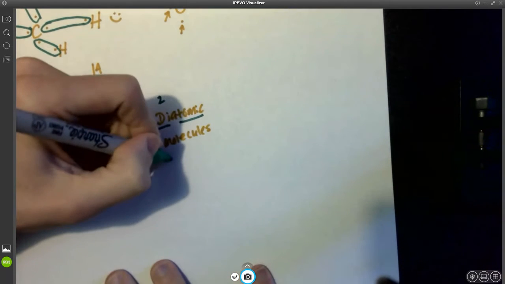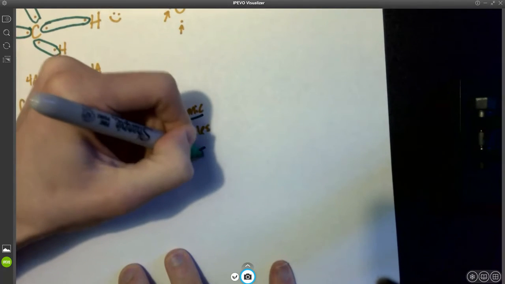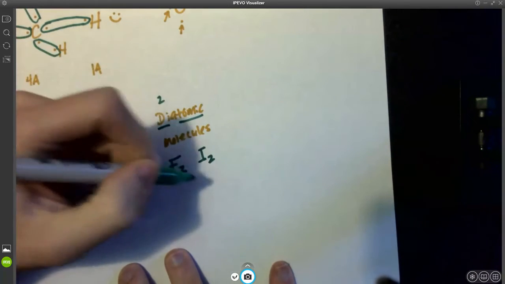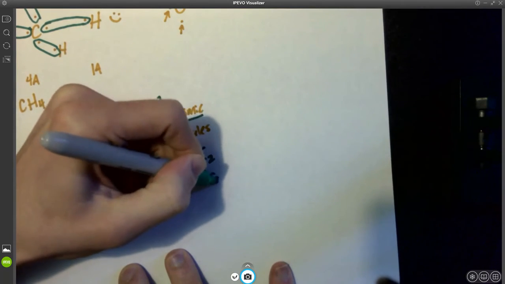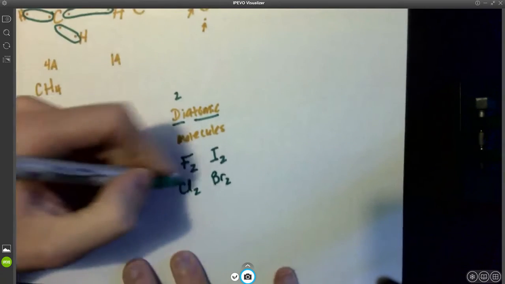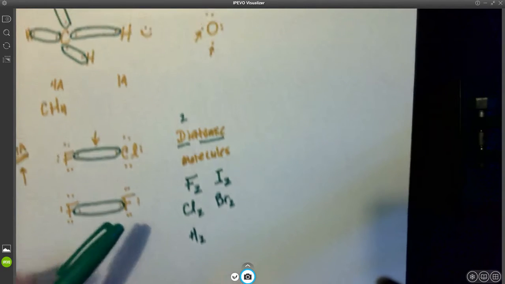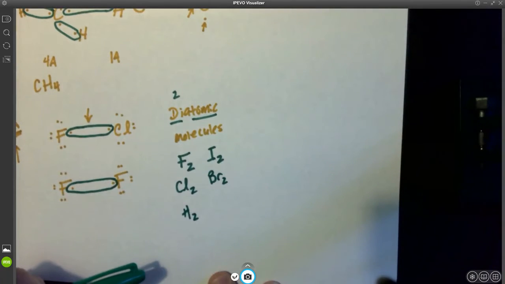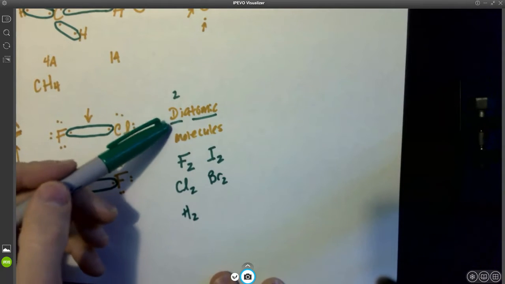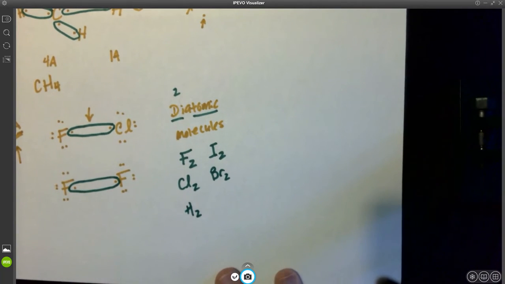That's because fluorine tends to appear in nature in pairs. So does iodine and chlorine and bromine. And in fact, hydrogen also tends to appear in nature in pairs because it can share just that one with another hydrogen to make itself happy. You don't have to memorize these, but I just want you to have heard that word before, diatomic molecules. They tend to appear in pairs in nature.